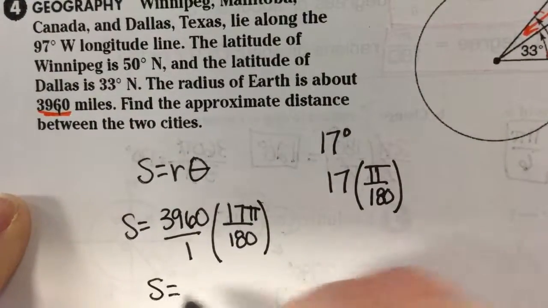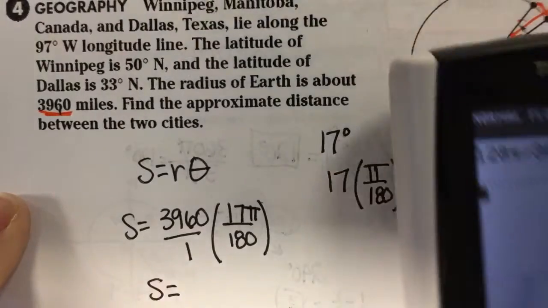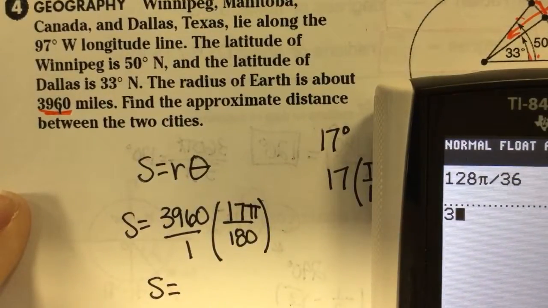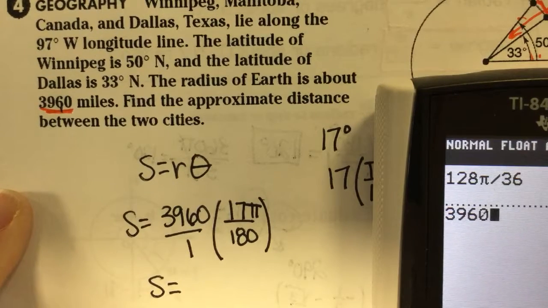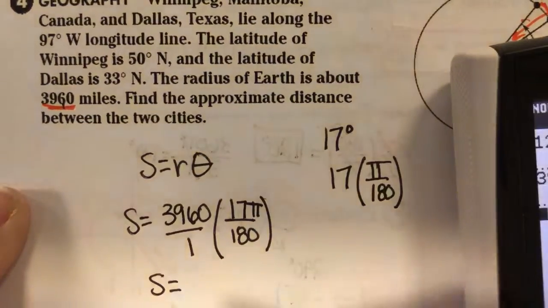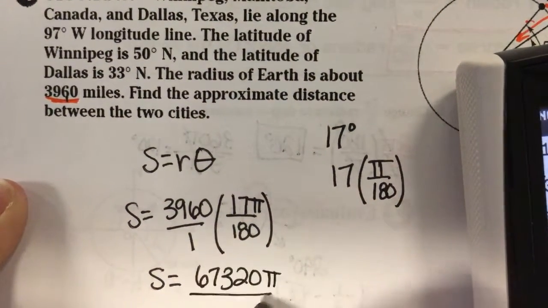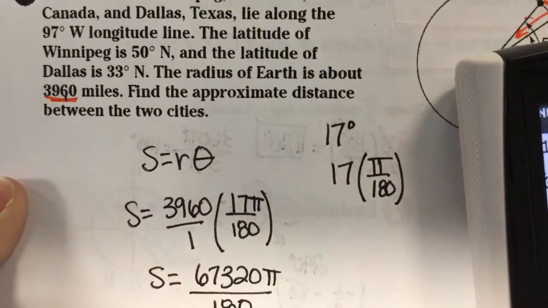So 3960 times 17 gives me 67320 pi over 180.